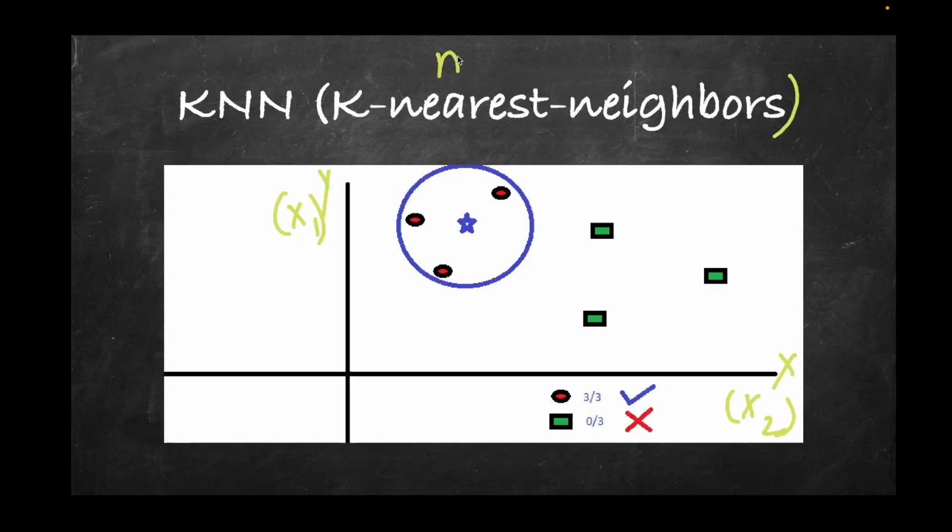N is also called a hyperparameter that can be adjusted according to the needs of the user to get the best model accuracy score. Now, it looks at the n number of neighbors to this data point and then checks what is their class. The majority of the class is given to this data point. For example, here we have 3 neighbors, so 3 of the neighbors are of red class, so this data point will also be of red class.